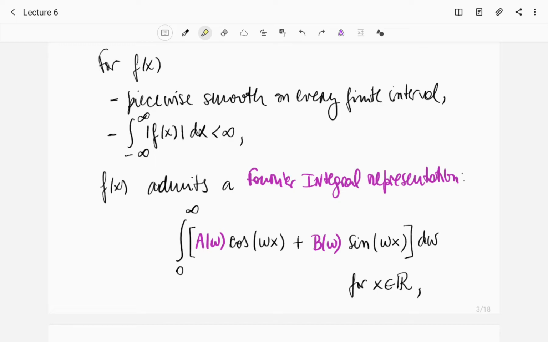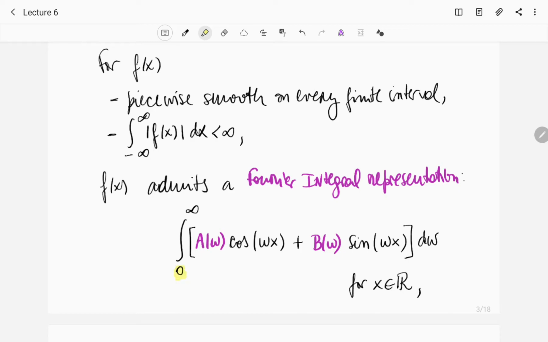Okay, if we are lucky and our function f verifies these conditions, then we can claim that f admits a Fourier integral representation. This is the new word. Remember, we are going to make a difference between series and integral. And this is the representation.